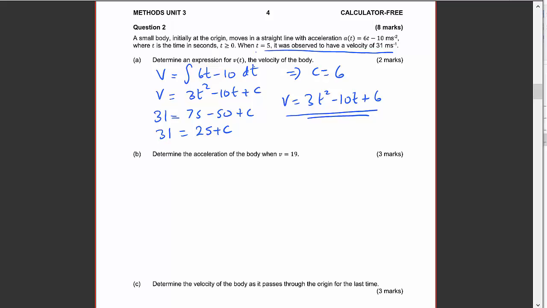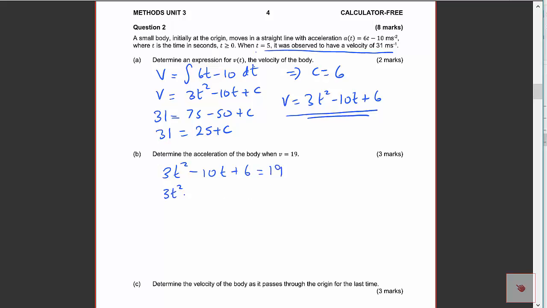Determine the acceleration of the body when v is 19. So, v is 19 gives us 3t squared minus 10t plus 6 equals 19.